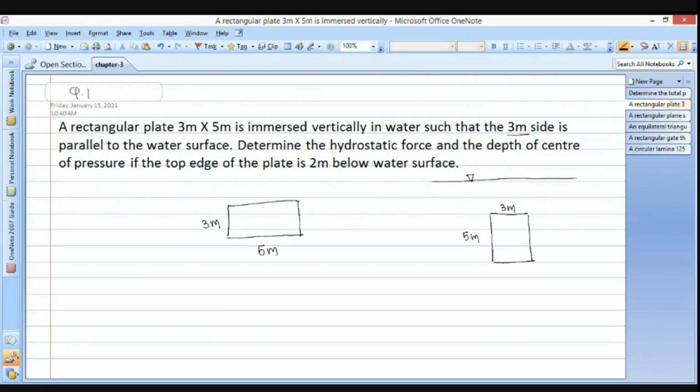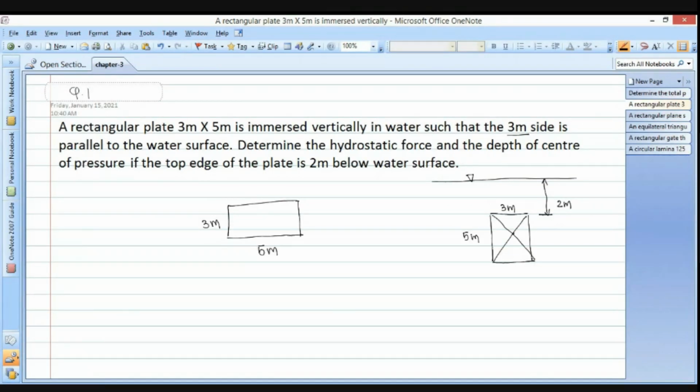Determine the hydrostatic force and the depth of center of pressure if the top edge of the plate is 2 meter below. Means the distance between the top edge and the free surface of the water is given, and that is 2 meter. And students, if you remember, for the rectangular plate, the CG lies over here.